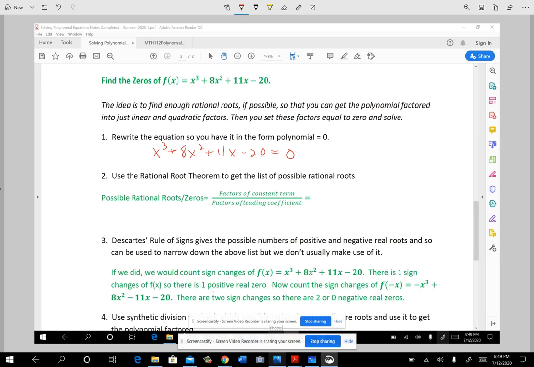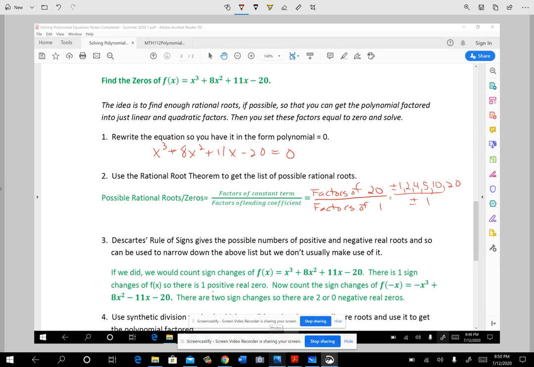So we look at the factors of the constant term, which is 20. Don't worry about the negative because you do plus or minus on all of them, divided by the factors of the leading coefficient, which in this case is 1. That means plus or minus 1, 2, 4, 5, 10, and 20, over plus or minus 1.